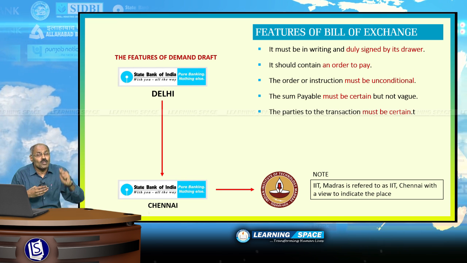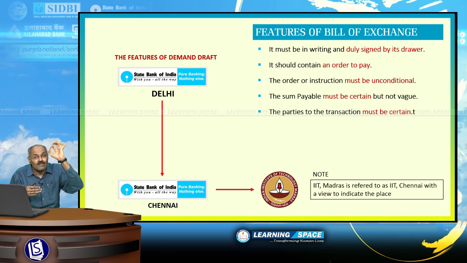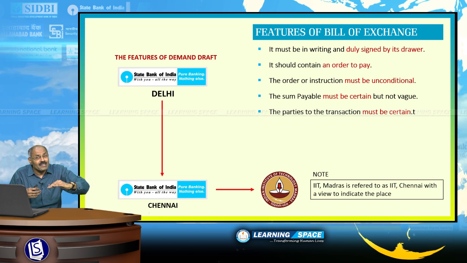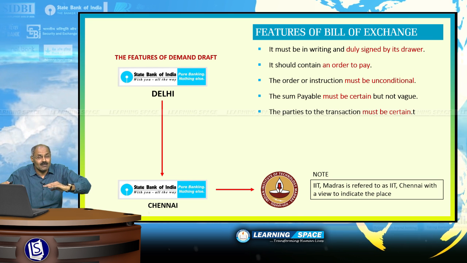Right? So, you will get the demand draft from State Bank of India, Delhi. So, here State Bank of India, Delhi is the drawer, State Bank of India, Chennai is the drawee and IIT Chennai is the payee.